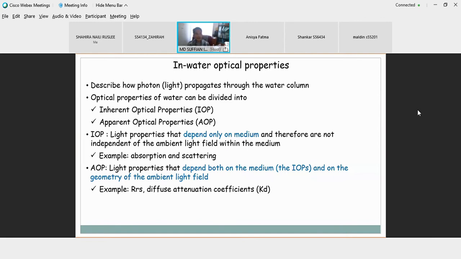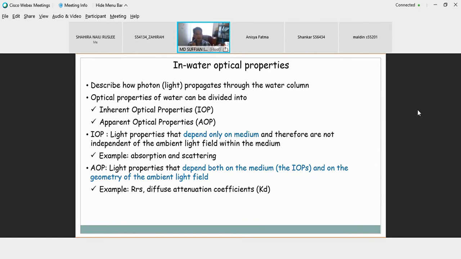So in water optical properties describe how photon, what is a photon? Photon is the smallest unit or smallest particle units of light. Sebab kita tahu light have two different properties, the properties of wavelength and the properties of particles.